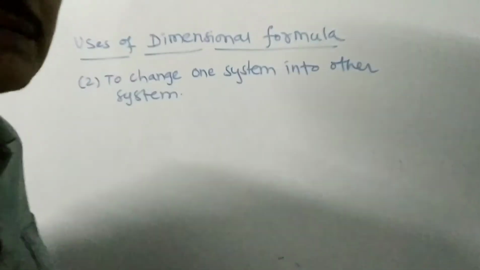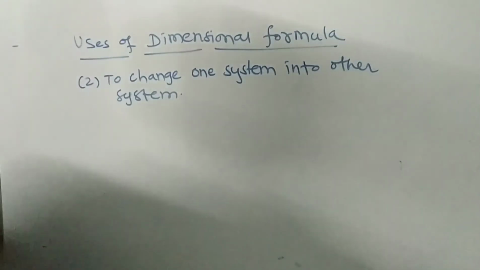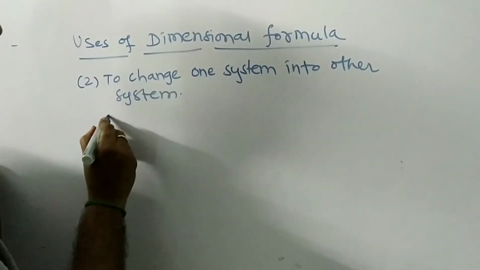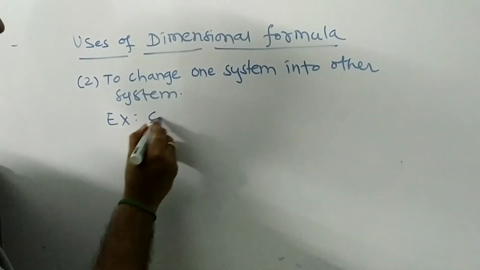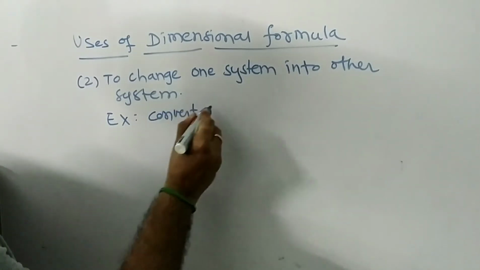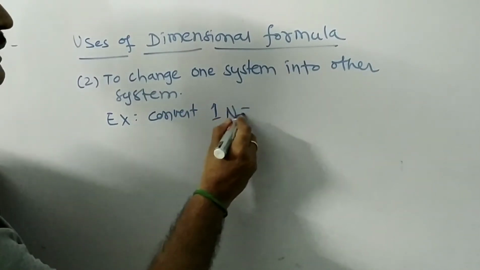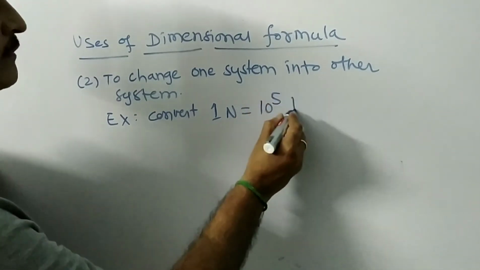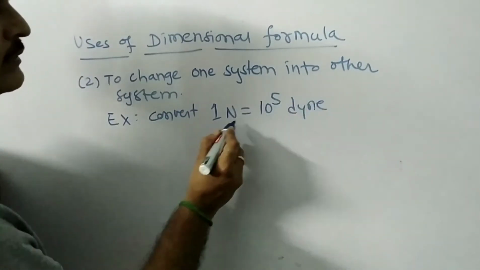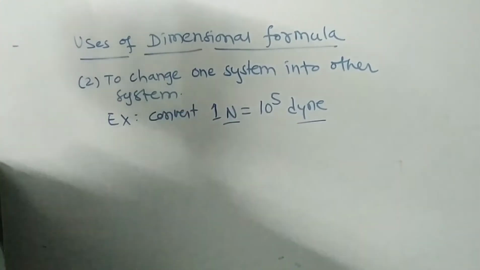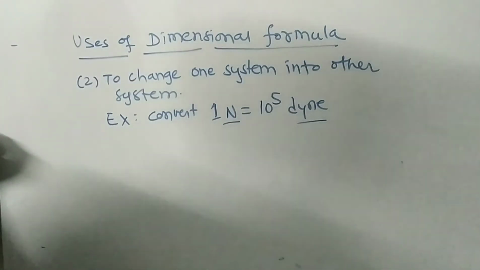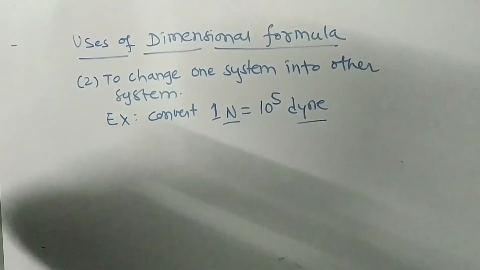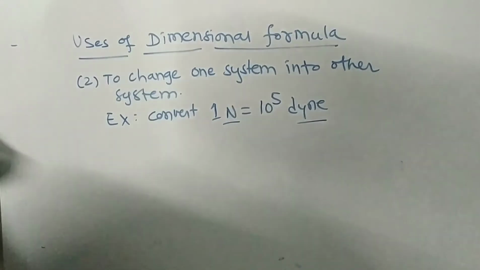For example, you can convert 1 Newton into 10 to the power of 5 dynes. Newton is the unit for force in the SI system, and dyne is the unit for force in the CGS system. So you can convert one system of unit to the other system. This is the second usefulness of the dimensional formula.